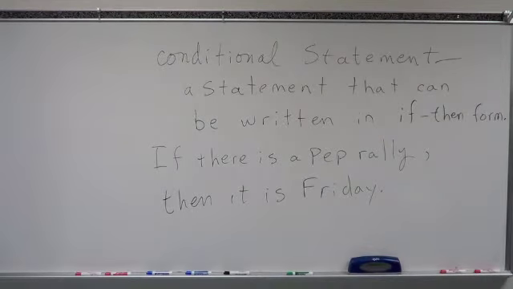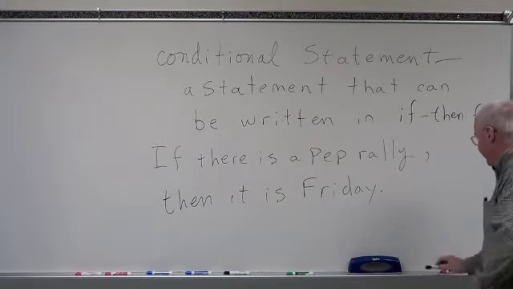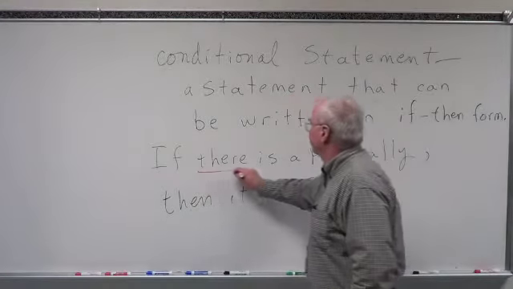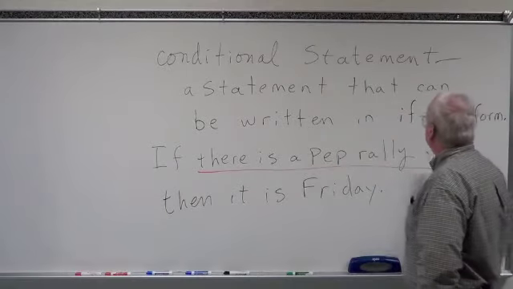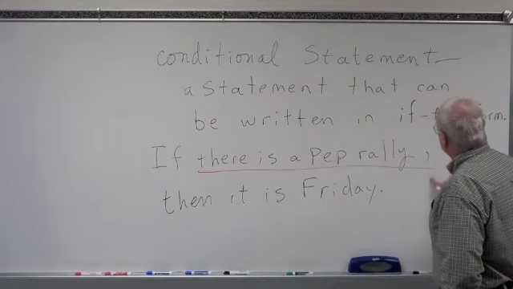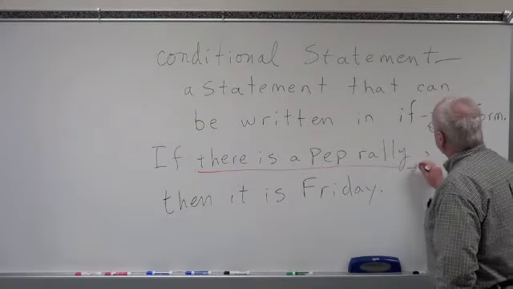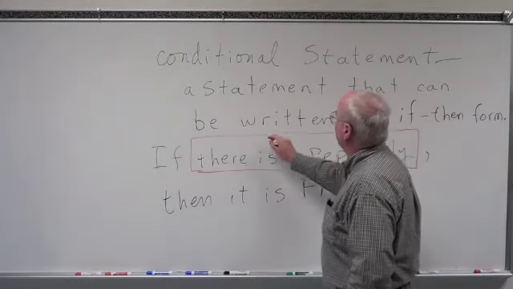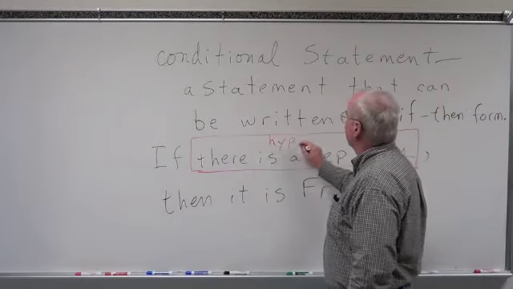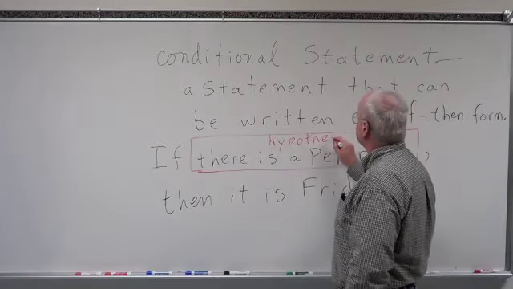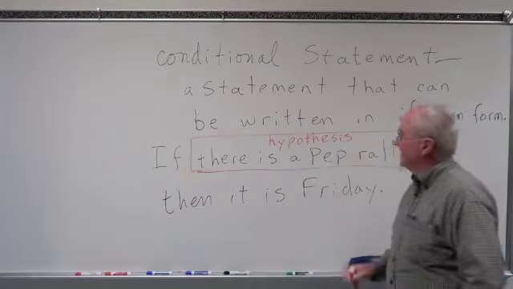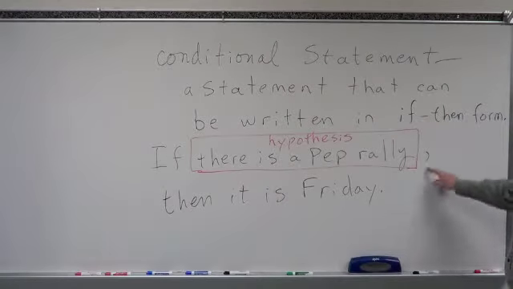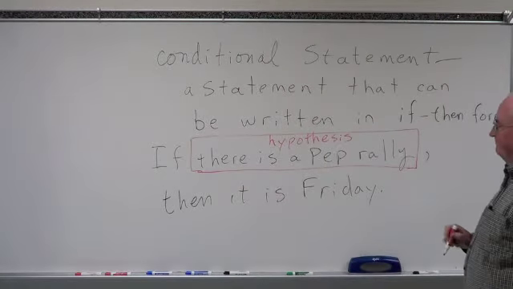Now, two other definitions we need to bring up here. Number one, this right here, not including the comma, this portion right here is called the hypothesis. Notice it does not include the if, nor does it include the comma.